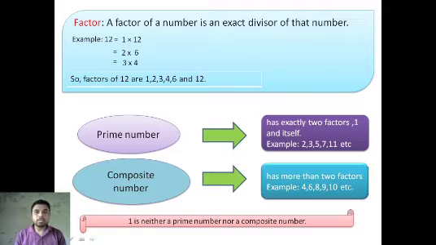Look, what are the factors of 1? The only factor of 1 is 1. So here there are not two factors, that's why it is not a prime number. And if it has more than two factors it is composite, so it is not a composite number also. So 1 is neither a prime number nor a composite number.